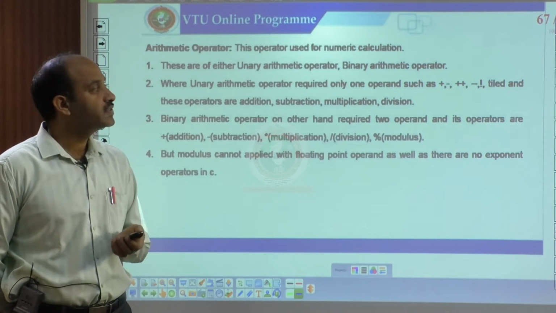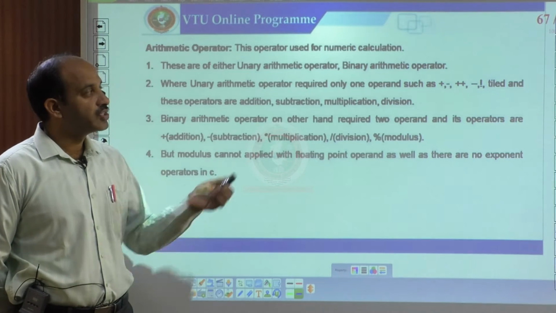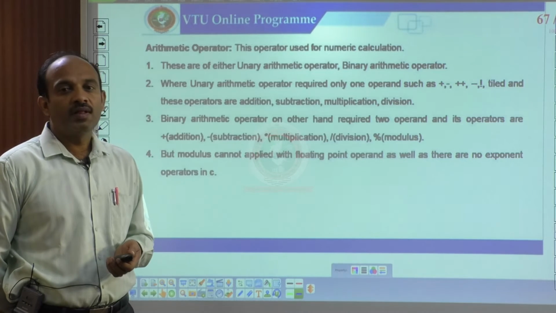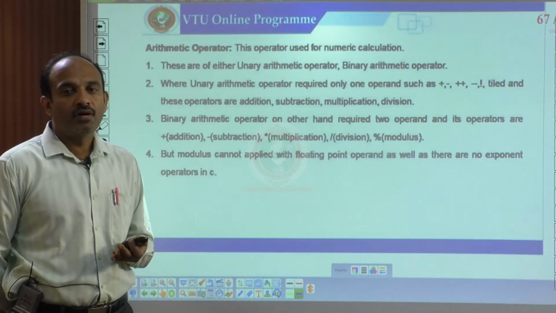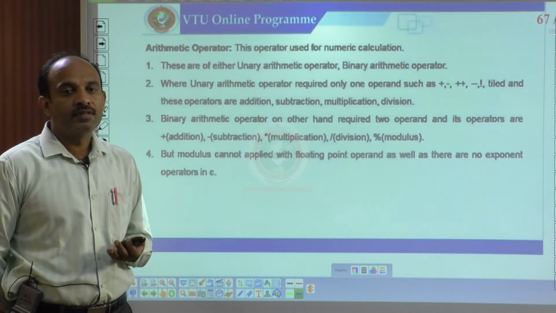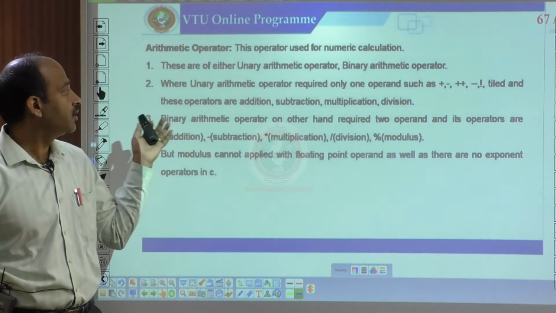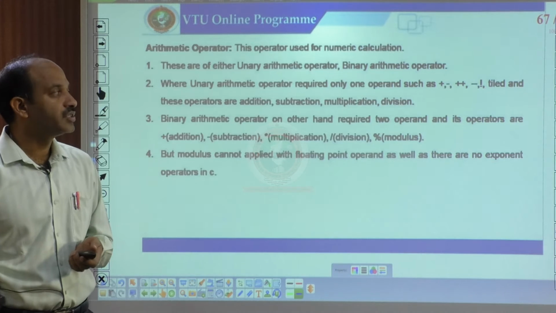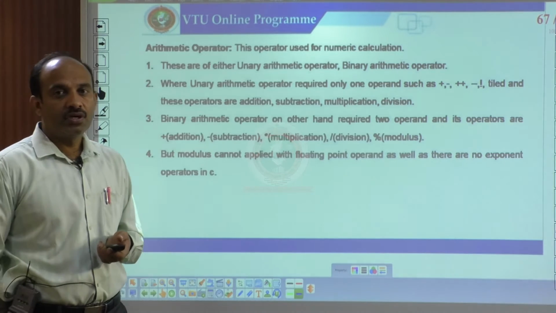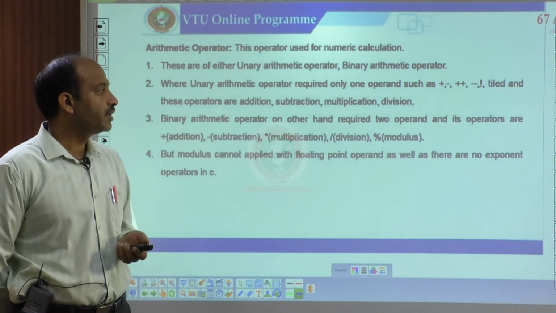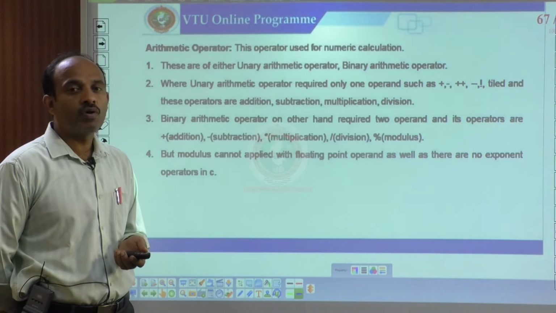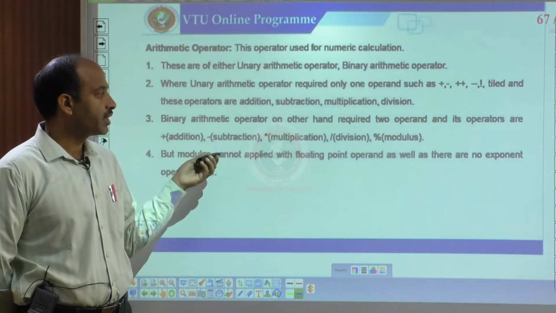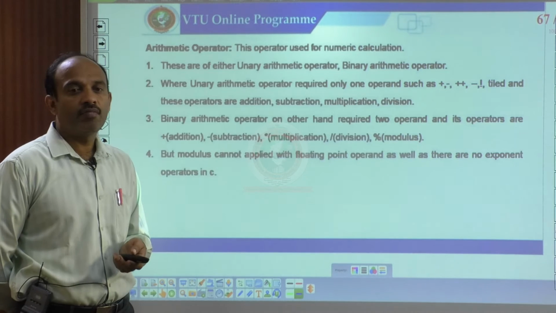Unary operators always expect only one, such as plus, minus, and the not and tilde. Binary arithmetic operators, on the other hand, require two operands to perform: addition, subtraction, multiplication, division, and modulus.